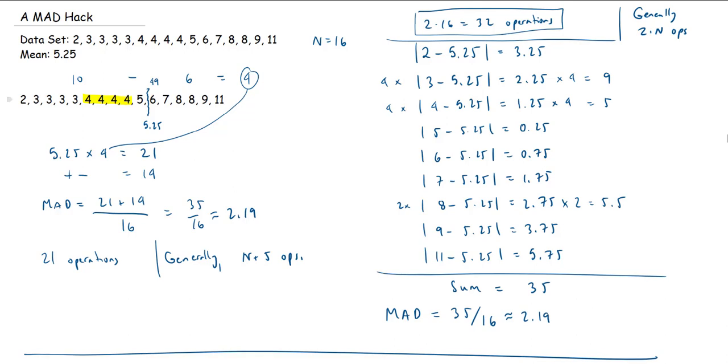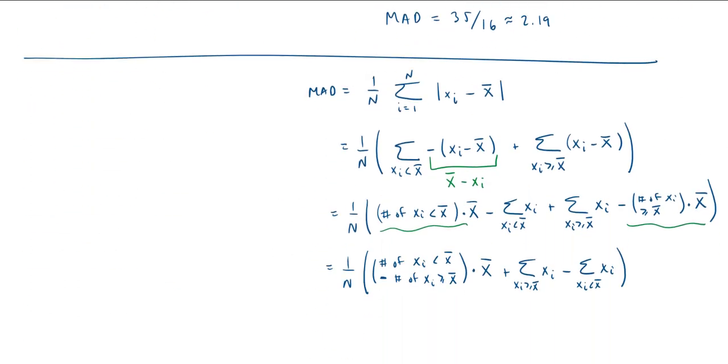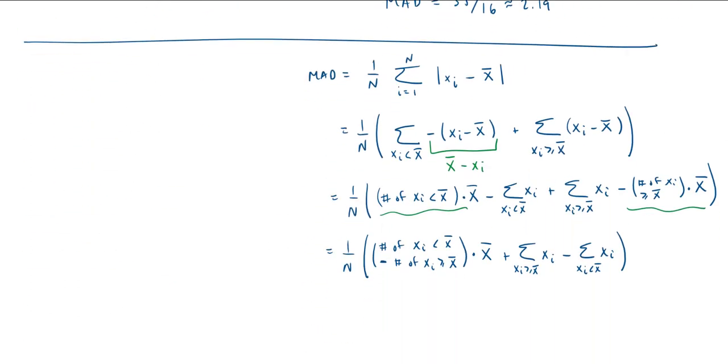We started from 11, added all the ones that were greater, and then subtracted all the ones that were less. Then we add this to the number we got by multiplying the difference by the mean, and then we divide by the number of data points. So this is an algebraic verification that this MAD hack actually works.